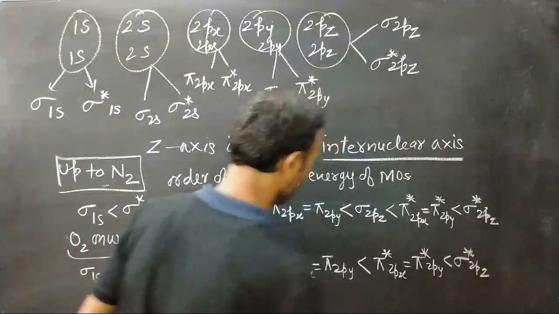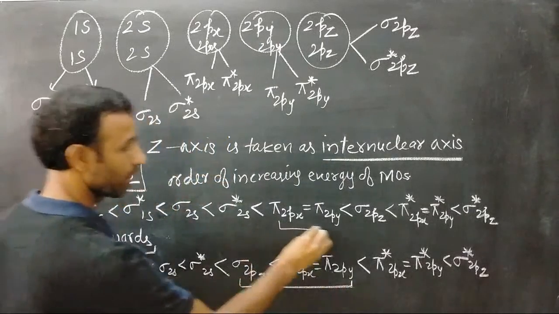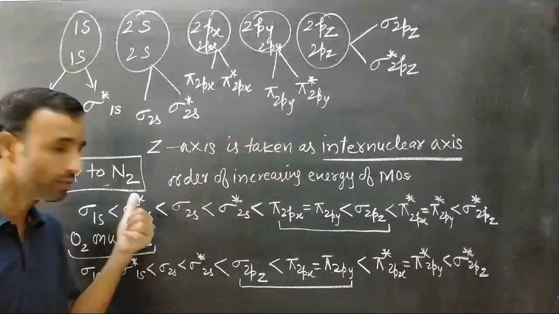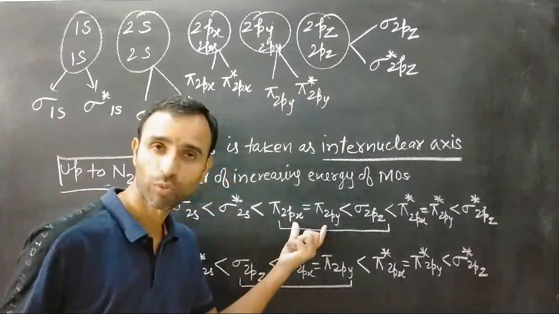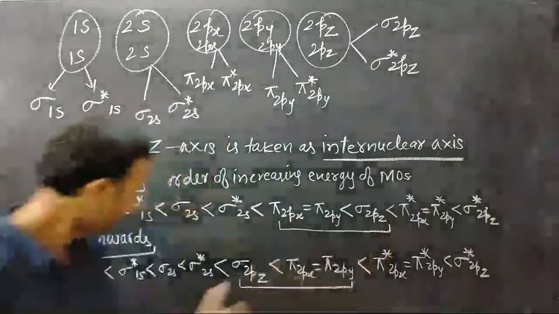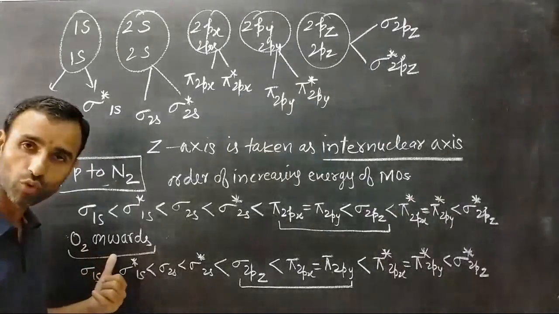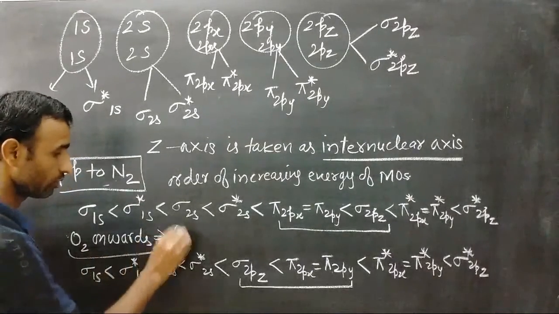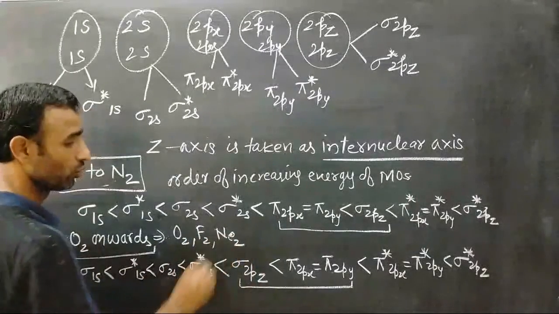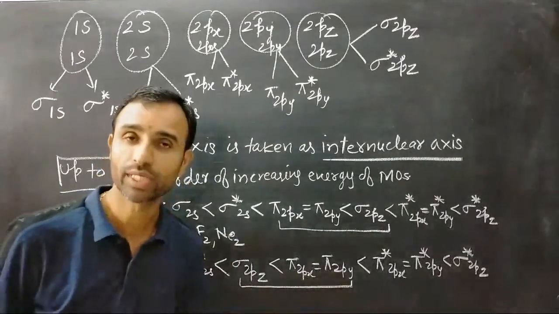So first of all, remember this thing. Up to nitrogen, pi 2px and pi 2py are of lower energy than sigma 2pz, and after N2, meaning O2, F2, Ne2, sigma 2pz is before pi 2px and pi 2py.